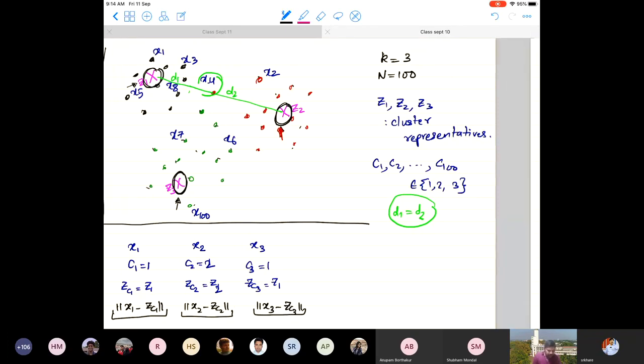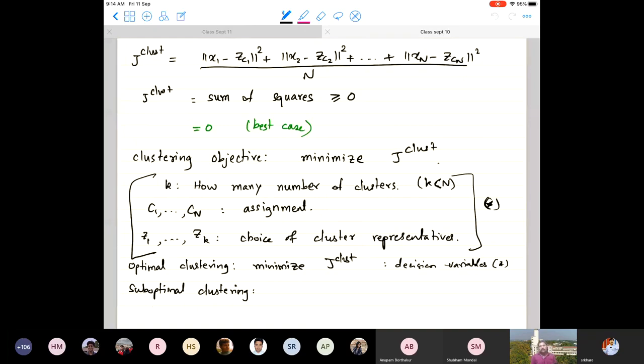So the clustering objective, as it was listed in the next slide, is the following. You look at the data point xi and the cluster representative z_ci, and you look at the distance between xi and z_ci in any norm that you desire.